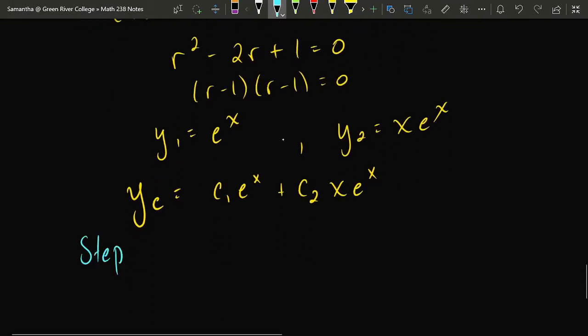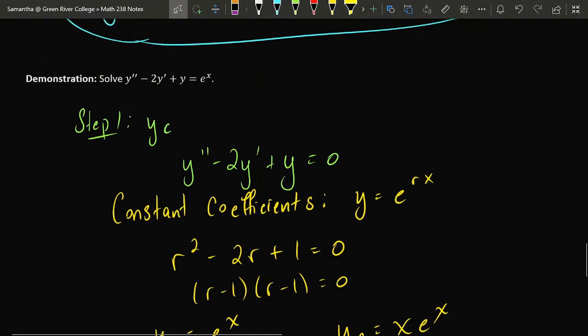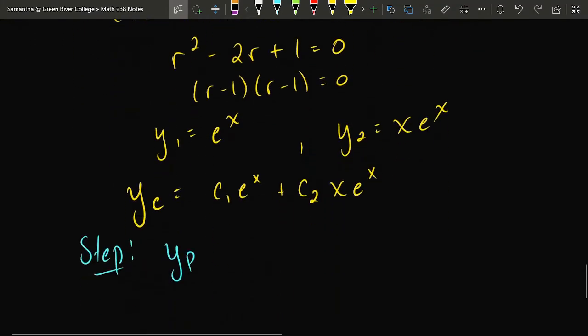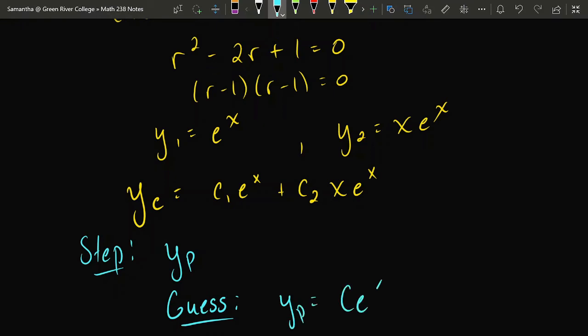In step 2, we want to find our particular solution, so I'm going to make a guess which is inspired by the function on the right side of my differential equation, in this case e to the x. But if I make the guess that y sub p is equal to a constant times e to the x, I can predict right away that that guess will fail, because e to the x is already a complementary solution.